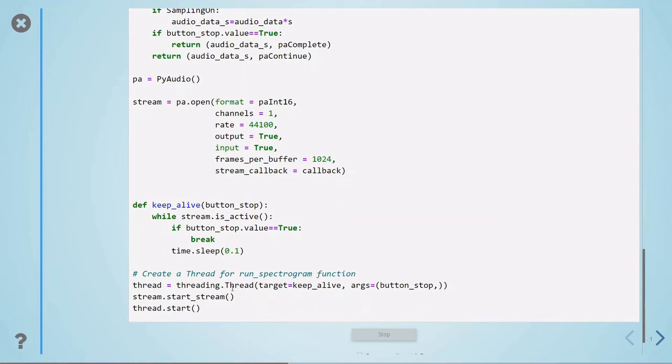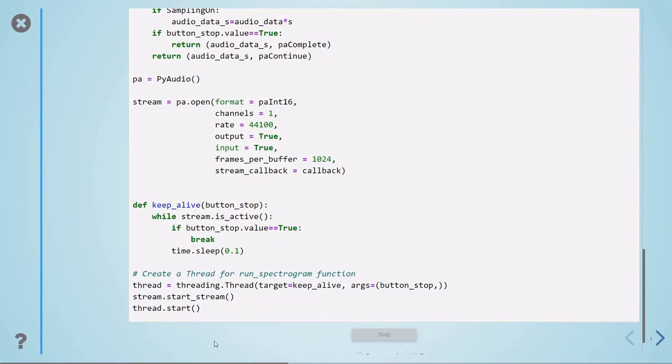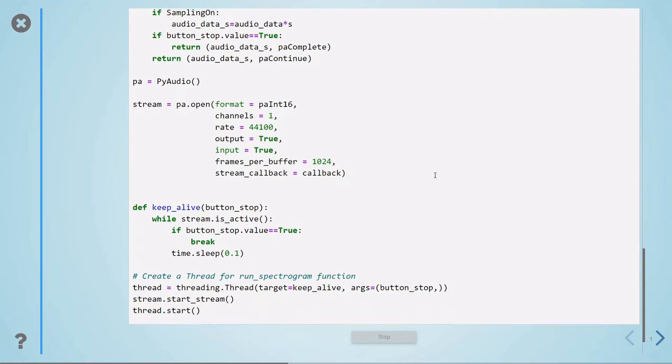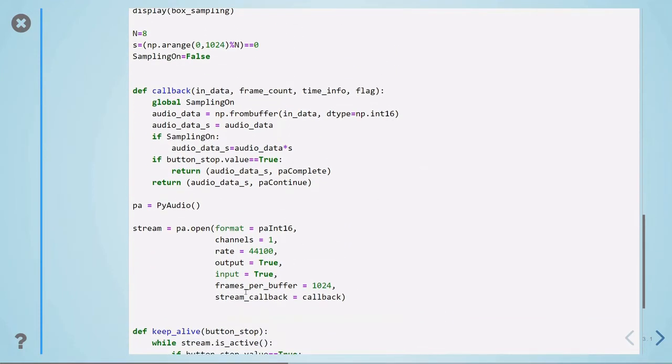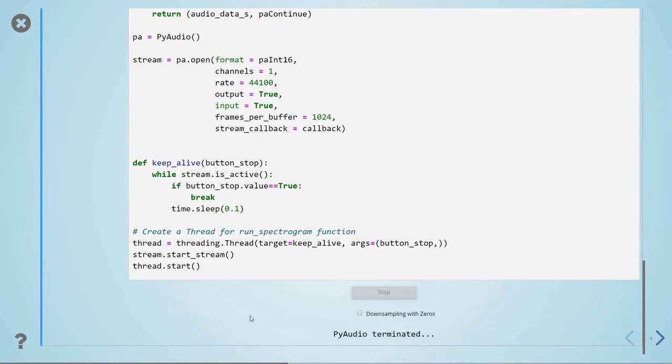So this part runs in a separate thread, and PyAudio in callback mode uses another thread. Here I'm starting the stream. Actually, I don't really need this, because by default, unless you set start stream to false, when you create the stream using PyAudio open, it will already start. So this is not necessary. Then I'm starting the thread for the keep-alive.